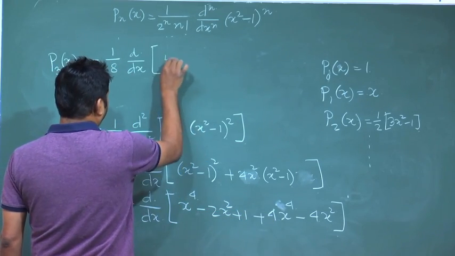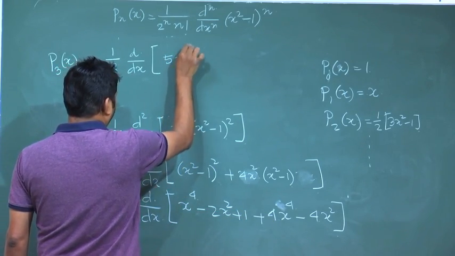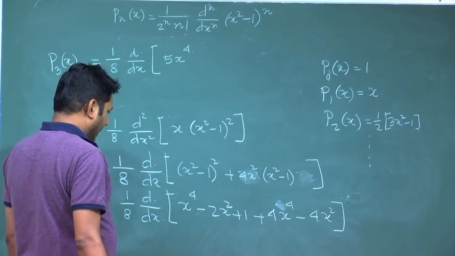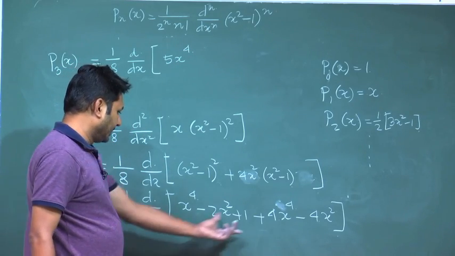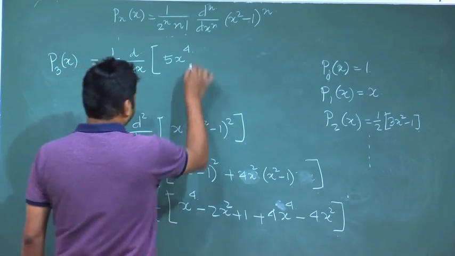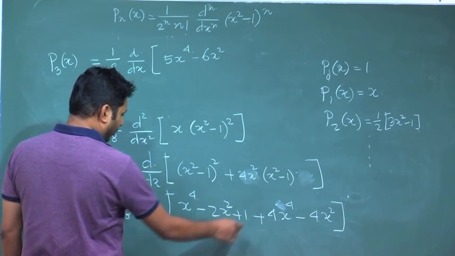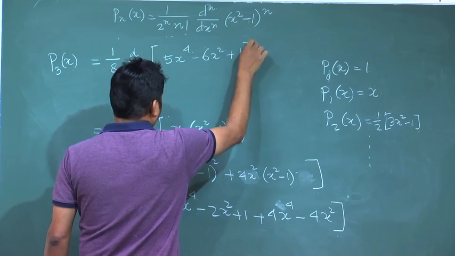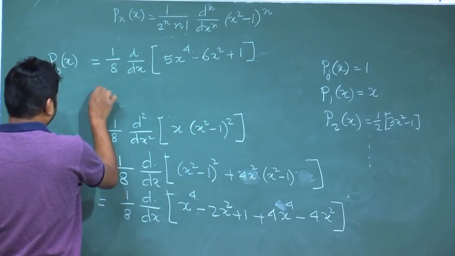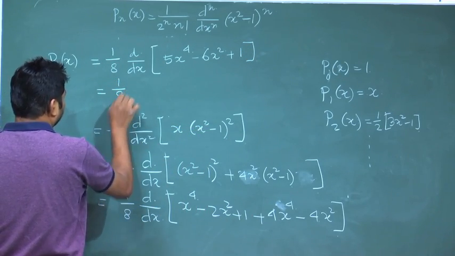So it will be 5x to the power of 4, and then this quantity which is minus 6x², hope I am doing correctly, and plus 1. This one term will not be effective because the derivative is there.